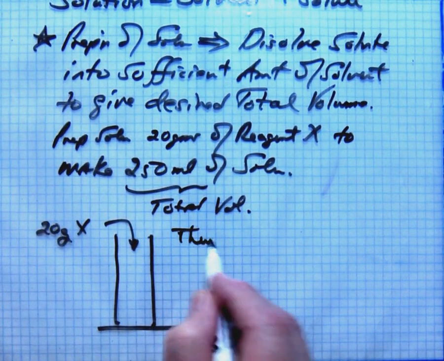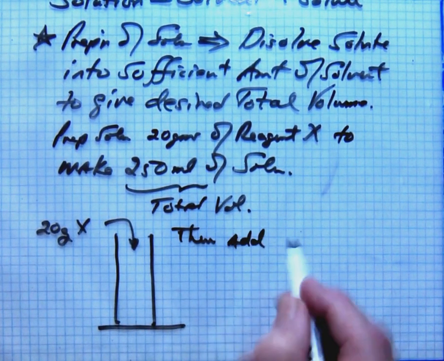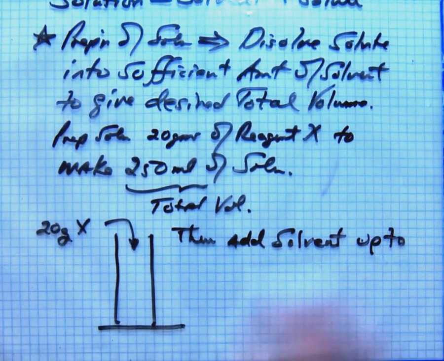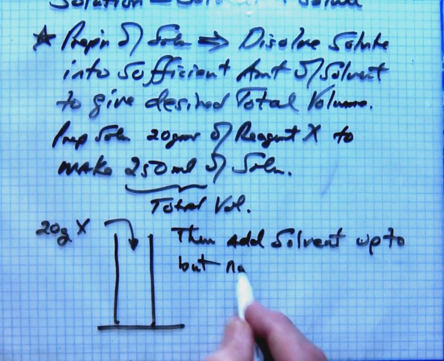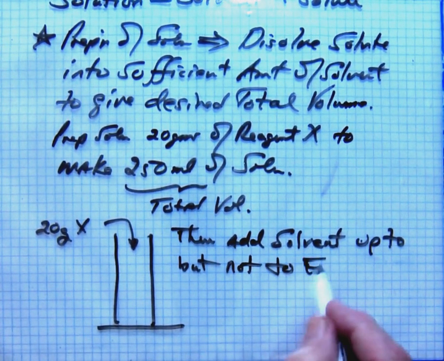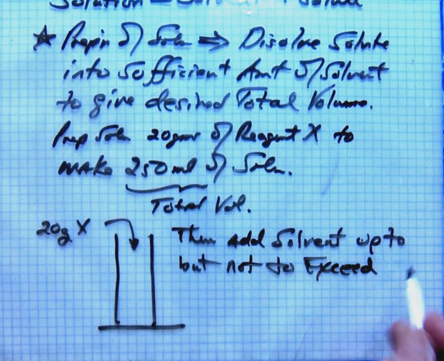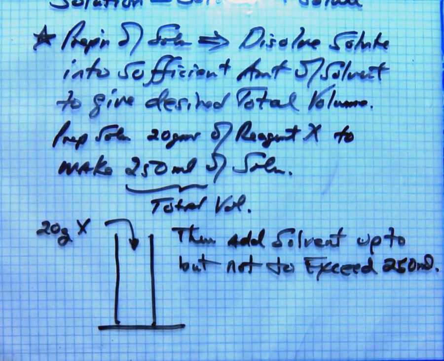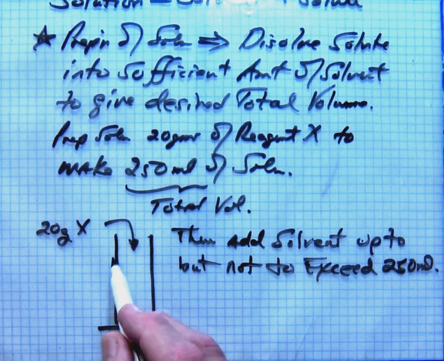Then add solvent up to, but not to exceed, 250 milliliters. So you'll start out with your solid, and then you'll bring it up.